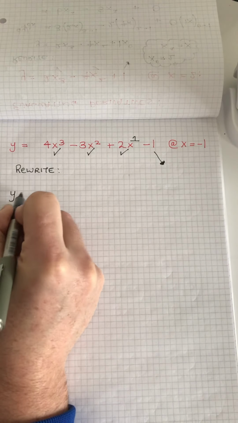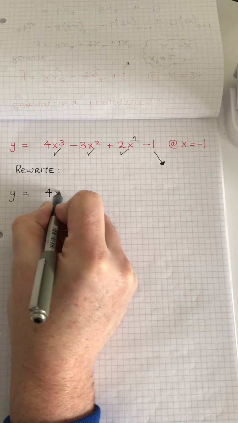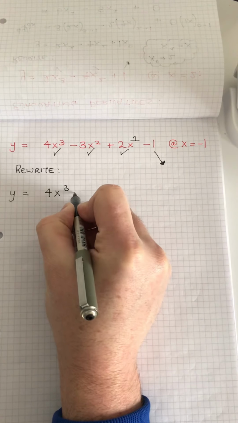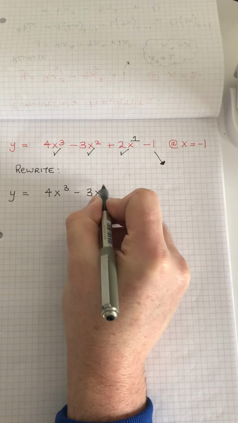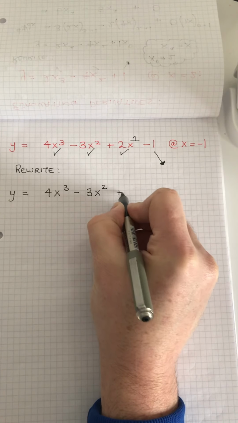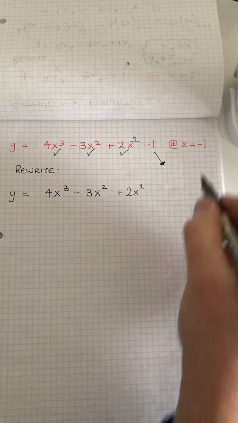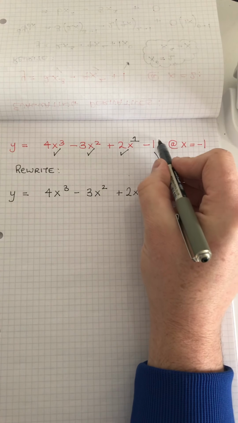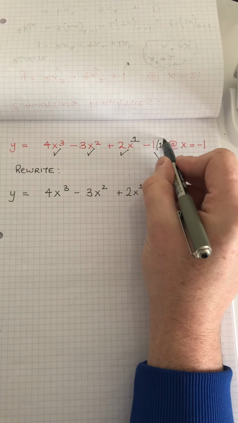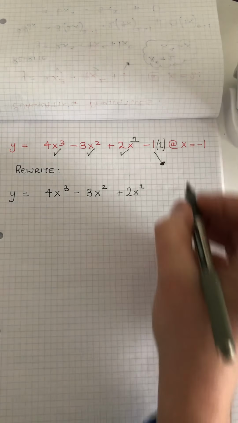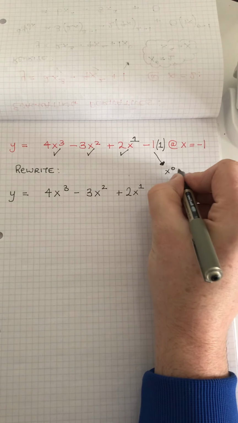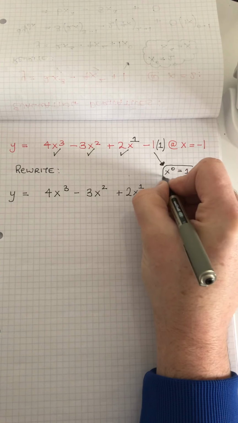So I'm going to have y equals 4x to the power of 3 minus 3x to the power of 2 plus 2x to the power of 1. Now, I want, say, minus 1 times 1. And I know that x to the power of 0 is 1.